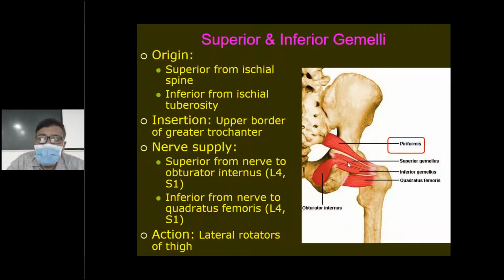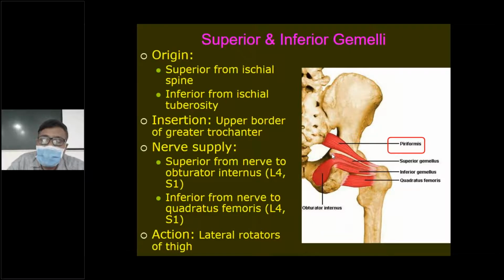So the gemellae accompany the tendon of the obturator internus from the lesser sciatic notch onwards. Two gemellae: singular is gemellus, plural is gemellae. Superior gemellus is from the ischial spine. So this is the ischial spine here. Now, the inferior gemellus is from part of the ischial tuberosity.